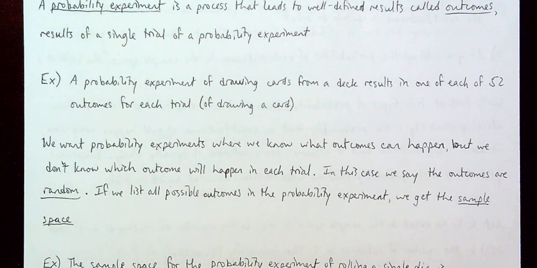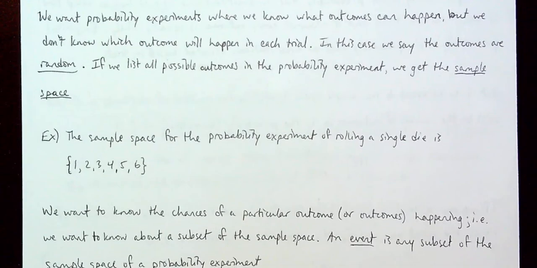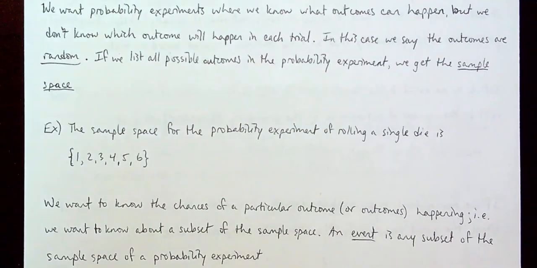If we list all of the possible outcomes in the probability experiment, we're going to get what's called the sample space. Going back to our scenario where we take a fair six-sided die and we roll it, all the possible outcomes you can get are 1, 2, 3, 4, 5, or 6.